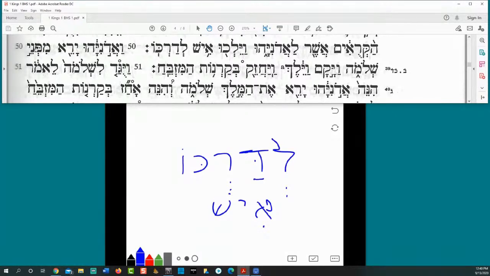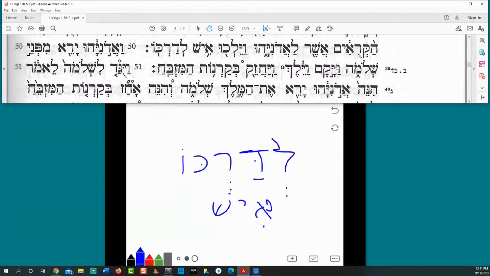So panim is going to penei. This is min, penei. So mipnei, from the face of, right? Was afraid of is the idea, the presence of Solomon, Shlomo. So Adonijah was afraid of Solomon.